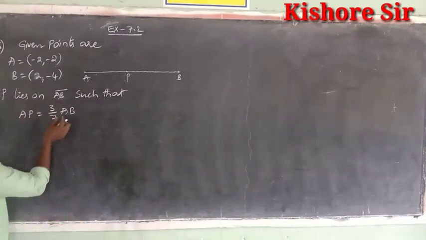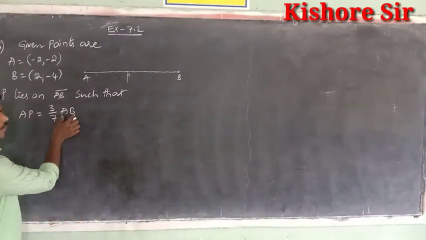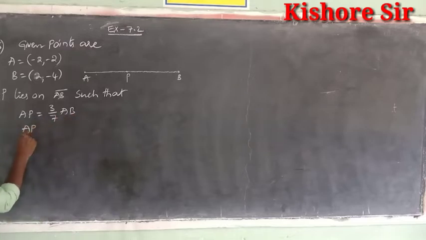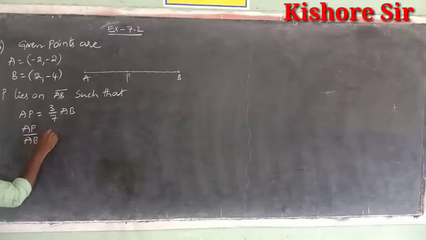See here, 3/7 into AB, the quantity becomes division. So AP by AB is equal to 3/7.